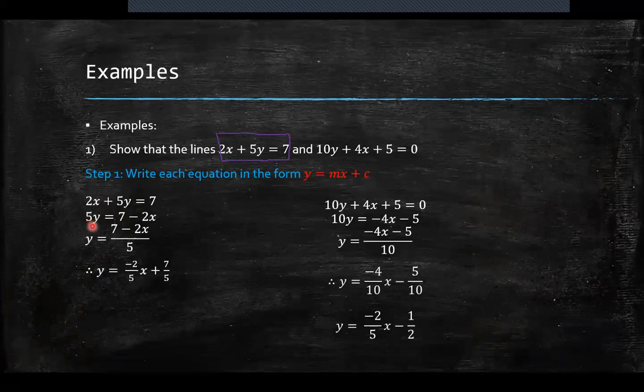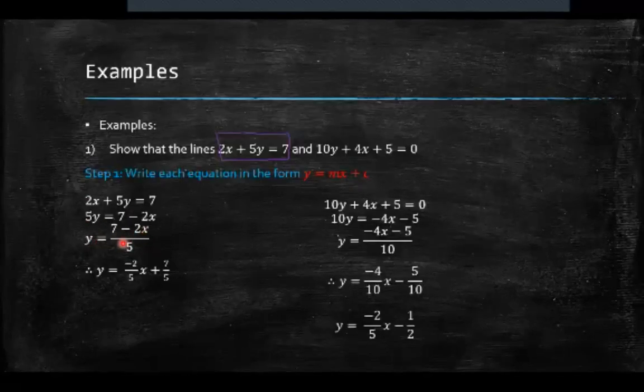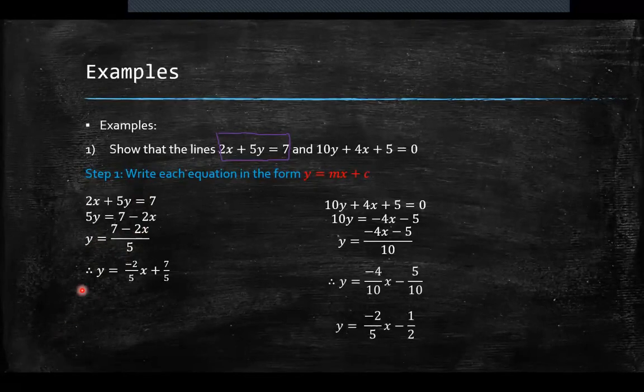So 5y is equal to 7 minus 2x; we have to subtract 2x on both sides. 5 multiplies on this side, so it divides on this side. So you could say divide by 5 on both sides. y is equal to 7 minus 2x on 5. That's just basic transposing, right? If anybody is confused about anything here, let me know.